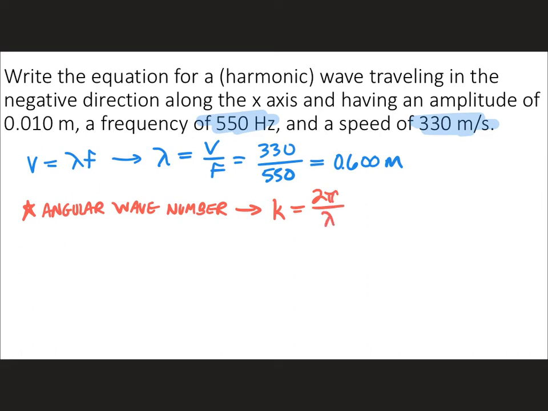So just think about that number first before we move on. The reason why we're going to need the wave number is because our next thing to do is write that equation. And if you remember, one of the things in that equation, in the argument for the angle, was that kx thing and then an omega t. All right? So a wave number, let's think about it. 2 pi, that's one complete trip around the unit circle. And how many wavelengths per complete cycle? That's the wave number.